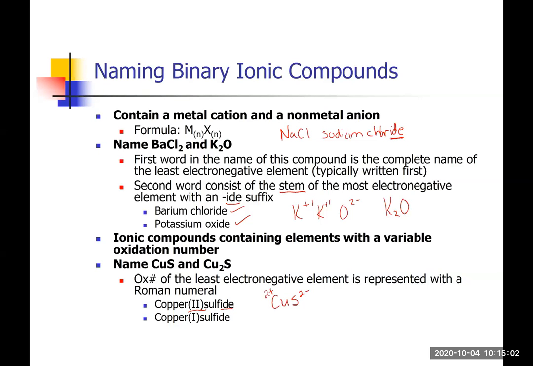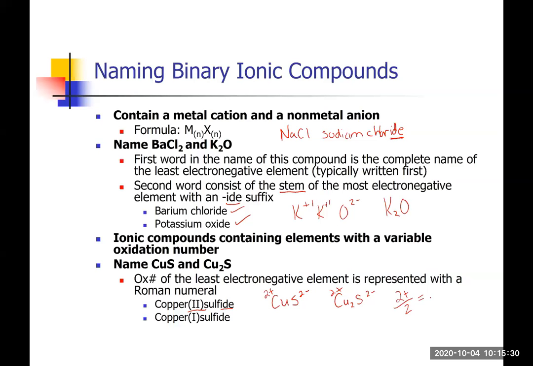Let's look at Cu2S. Again, we know that the sulfur gives us a 2- oxidation state. So the 2 coppers have to give us a 2+ oxidation state. But because there are 2 coppers here, we're going to have to take that 2+ contribution to neutralize this compound and divide it by the 2 coppers that we have.